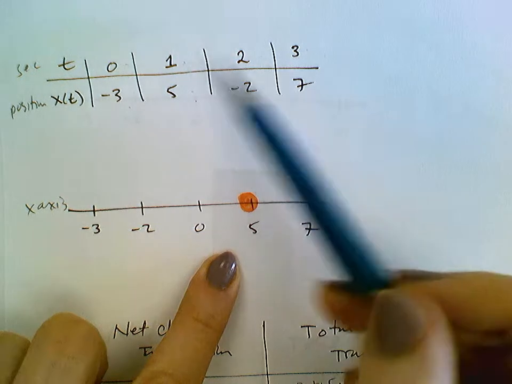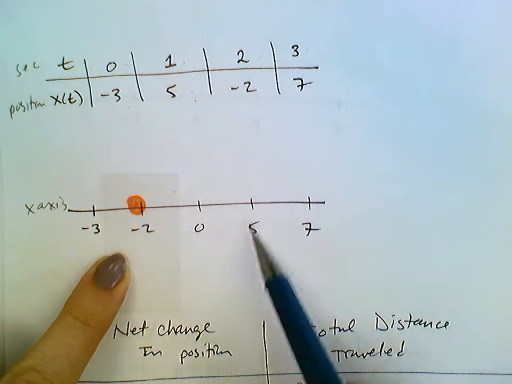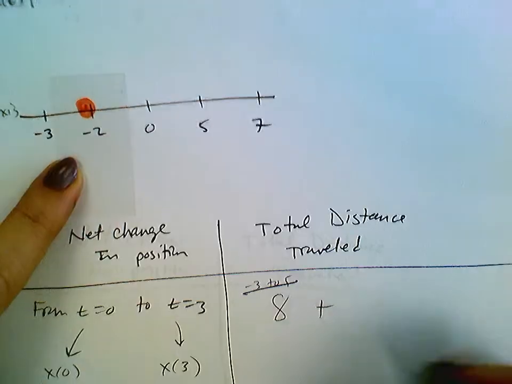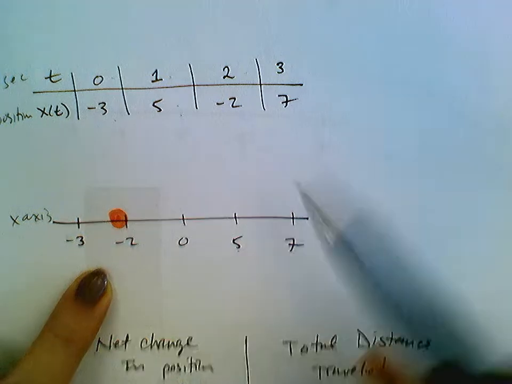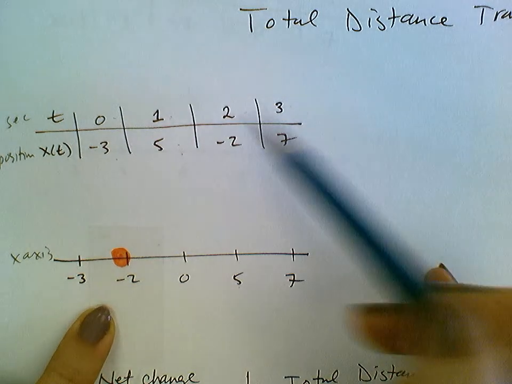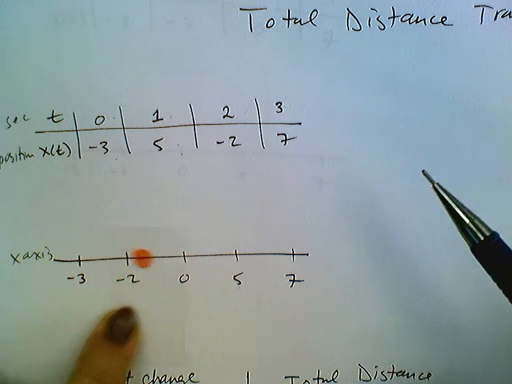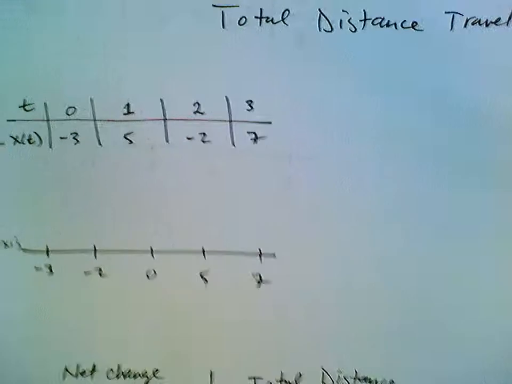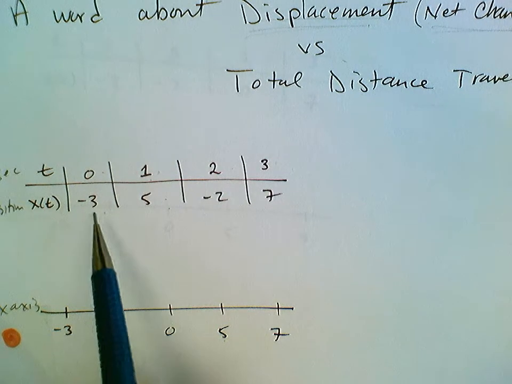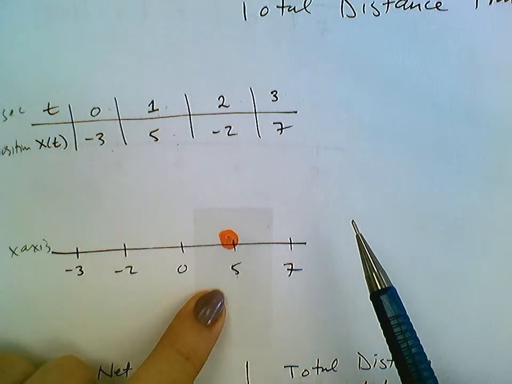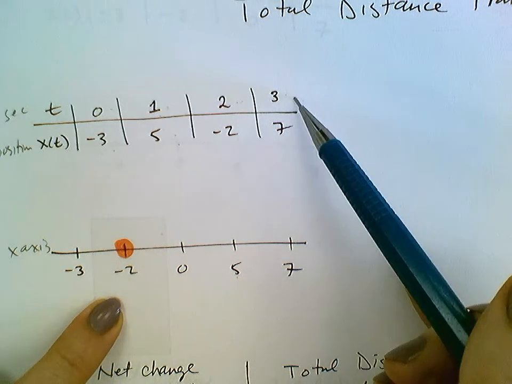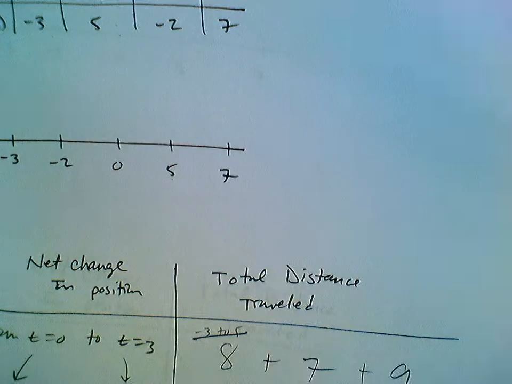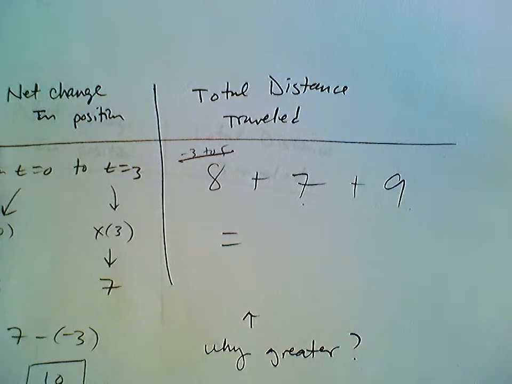Then from second 1 to 2, we travel back this way, from 5 to -2, that's 7 units. And then from second 2 to 3, we travel from -2 to 7, that's a total of 9 units. So 8 plus 7 plus 9 equals 24.